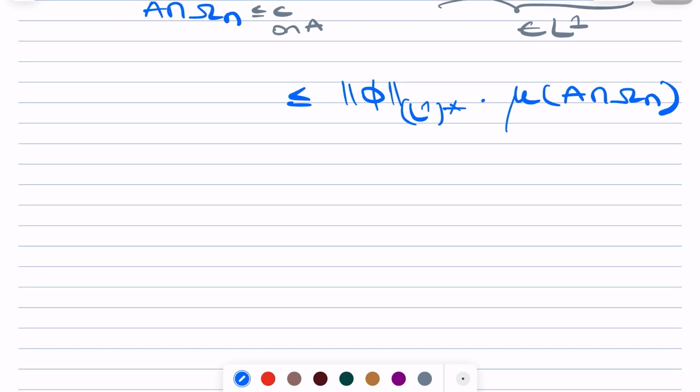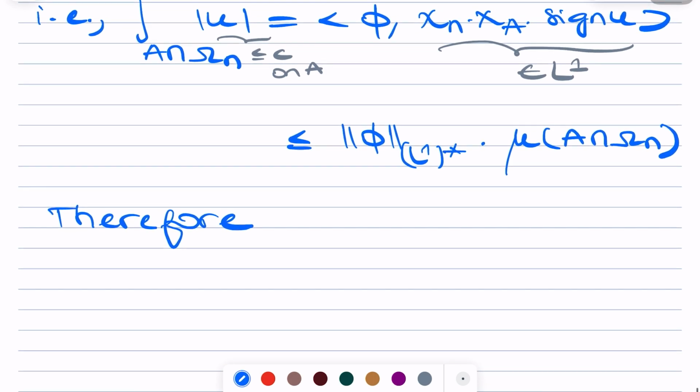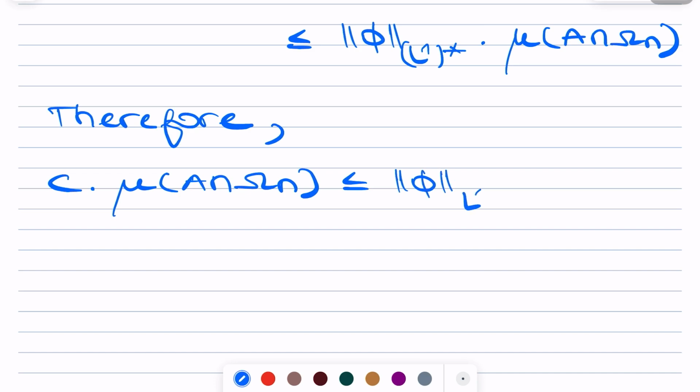So therefore, because the left hand side is also lower bounded, it's lower bounded by C times the measure of A intersected with omega n, which is less or equal than the norm of phi times the measure of A intersected with omega n.